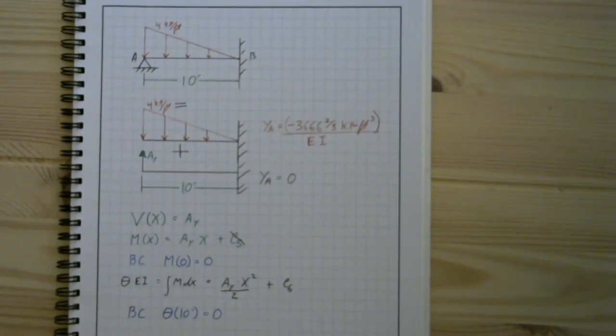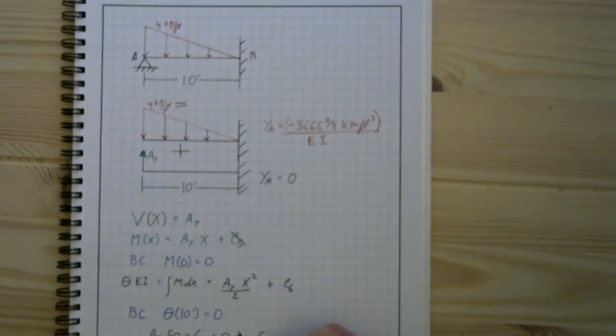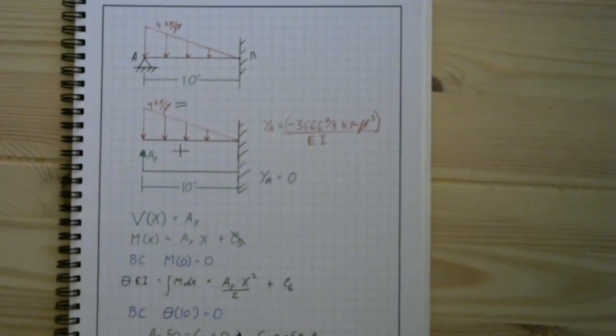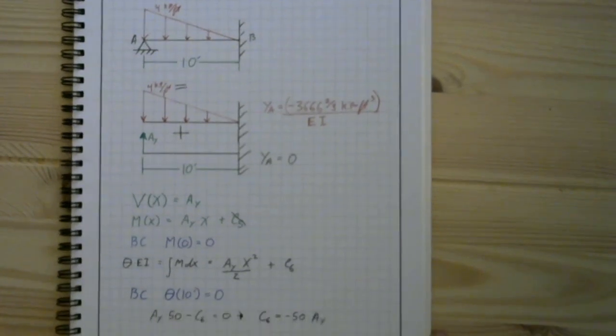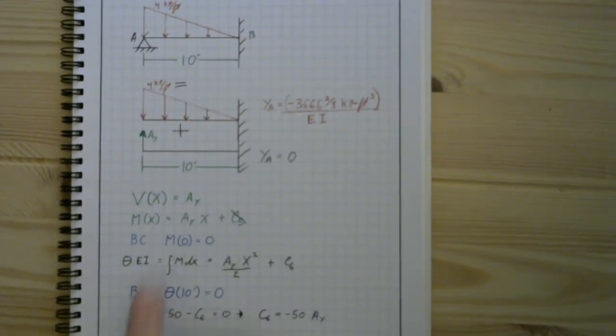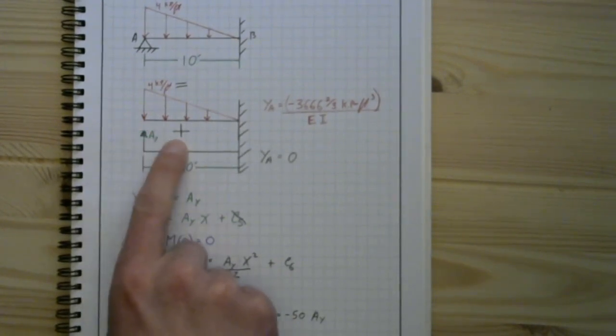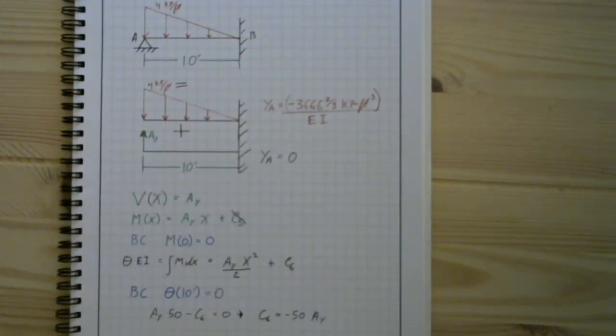If we do that, we're going to find AY times 50 minus C6 equals 0 gives us that C6 equals negative 50 times AY. That should be intuitive for you. If we're pushing this up, the slope at point A has to be negative as we get there.